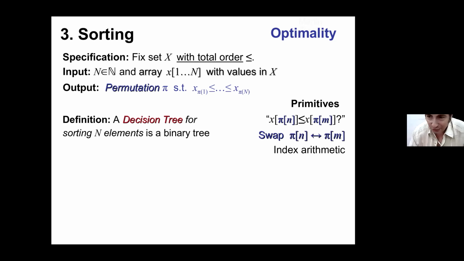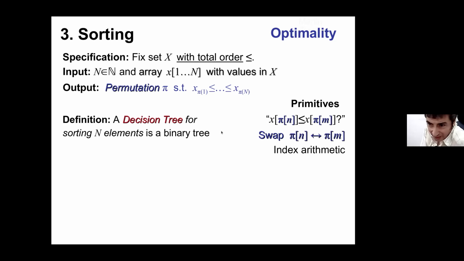In fact, you can prove that QuickSort with the linear time median, or merge sort, are optimal. There is no asymptotically faster algorithm, and for this we need a little bit of theory.